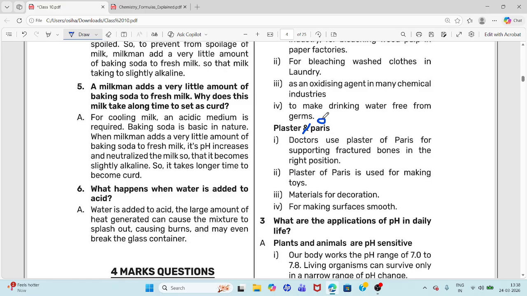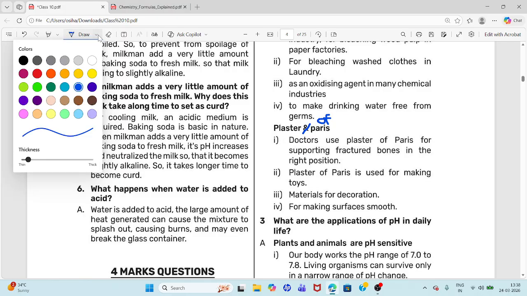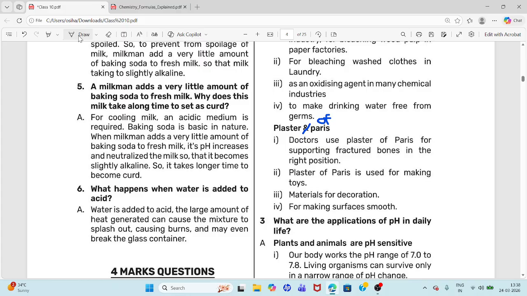It is hard to write with this pencil here. It is plaster of Paris, not plaster in Paris. If you see the question also, it is the same there. So don't think about it, just learn from here.